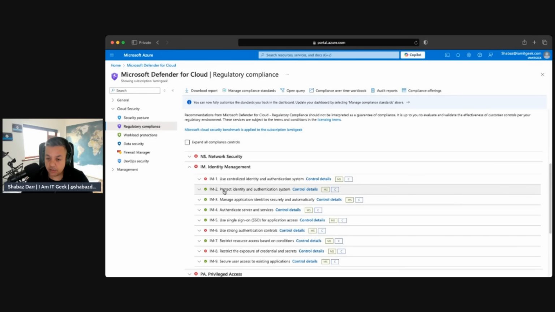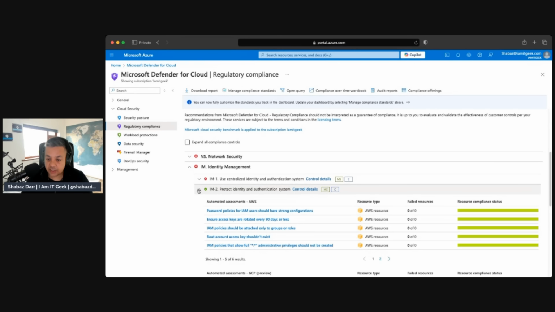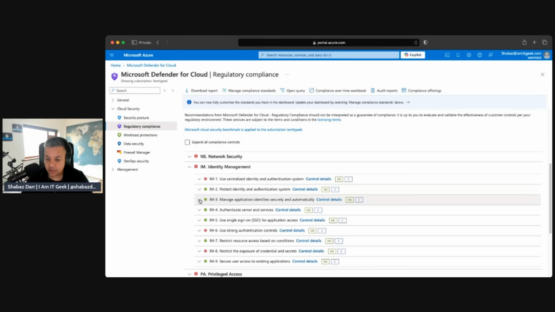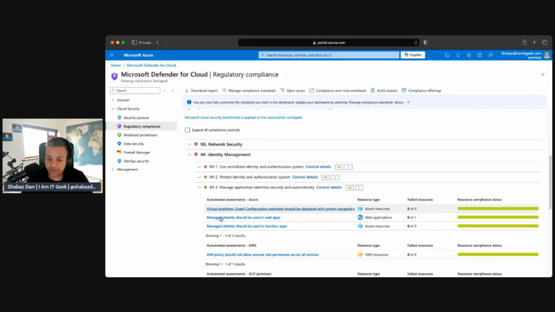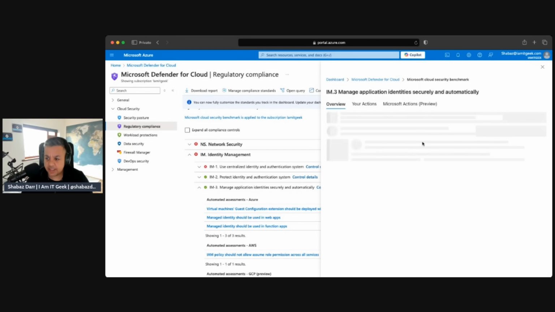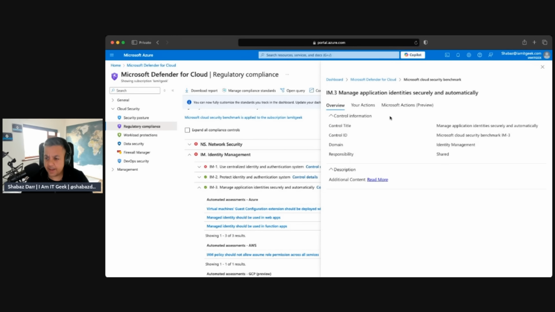We've then got protecting identity and authentication systems. Again, I've not got anything for Microsoft in here, it's all AWS. But here for Azure, we've got manage application identity securely and automatically. If we look at the control details in a bit more detail, this is IAM-3 for identity.